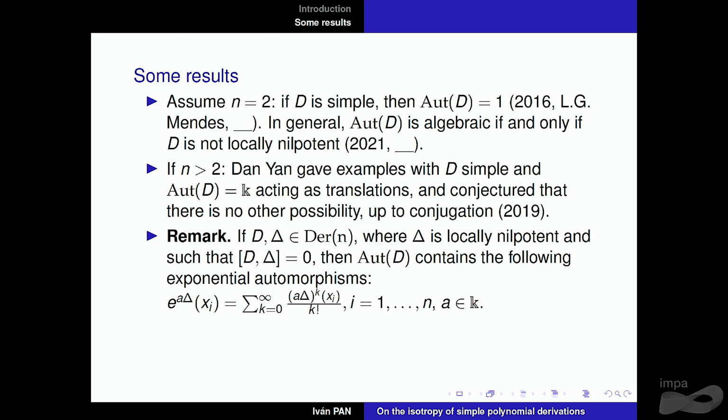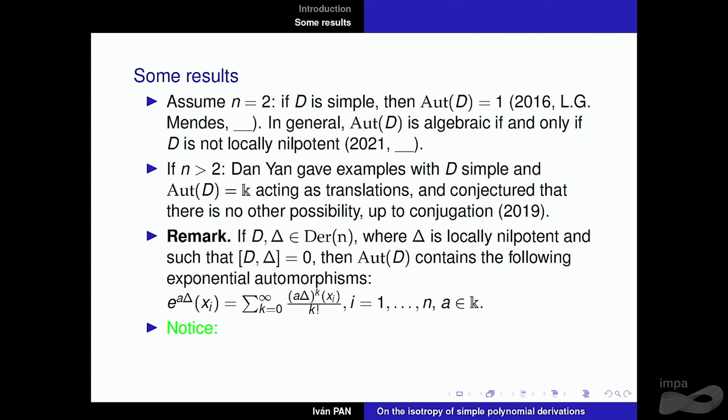I define here the action of the automorphism on the variables, on the generators of the polynomial ring, in this form. Because d commutes with delta, then it commutes with the exponential, and then these exponential automorphisms are contained in the isotropy. Okay? This is the remark.